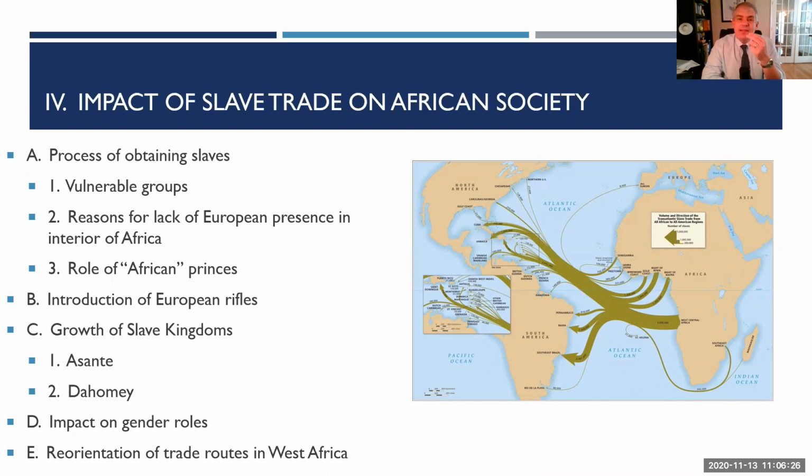The second thing is that for Europeans, particularly the Portuguese, the idea of going inland to raid and to capture Africans and to put them into slavery, that is not what happens. There's a couple of attempts at it and they failed rather miserably. So when we look at number two, the reasons for the lack of European presence in the interior, there's really three reasons.